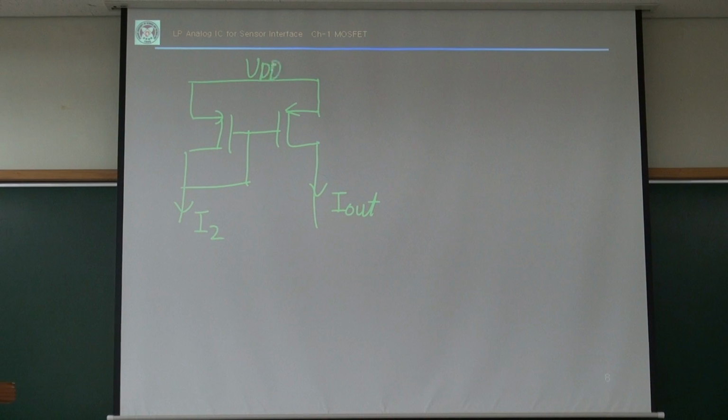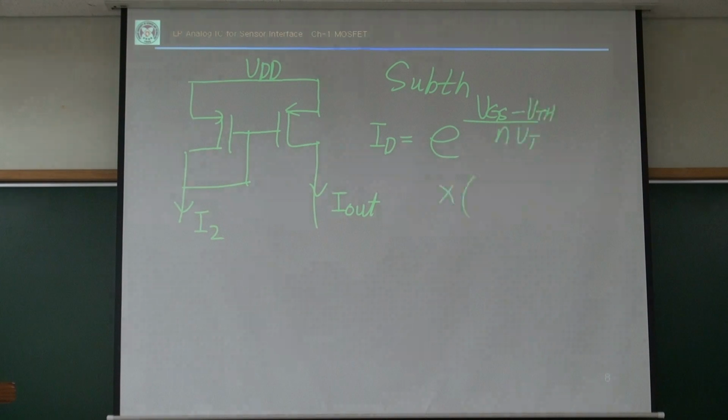In a subthreshold region, current has some VDS dependence. Okay, there is some constant times. What's the effect of its drain source voltage in this current mirror ratio?